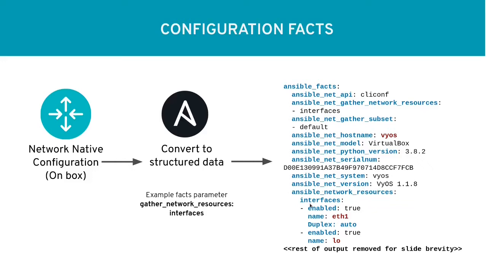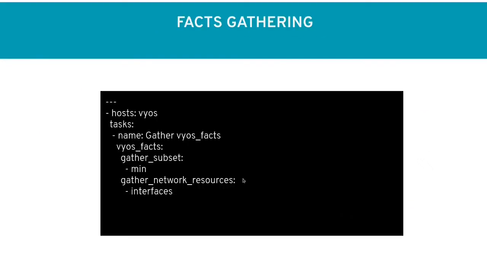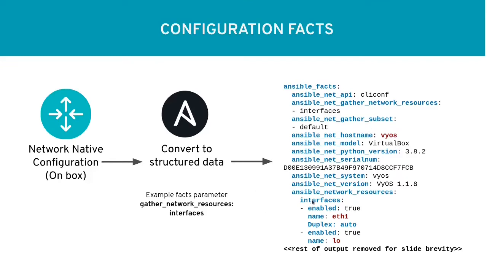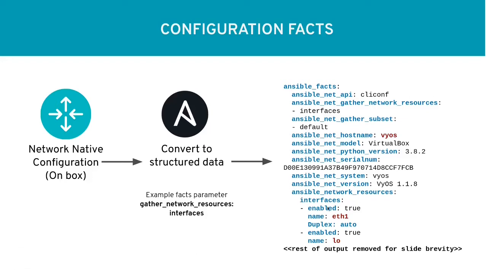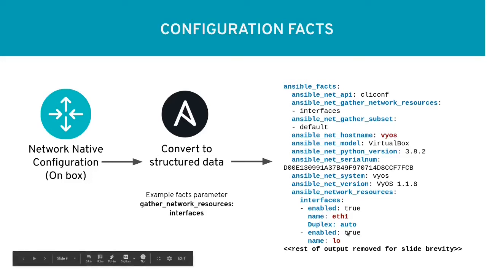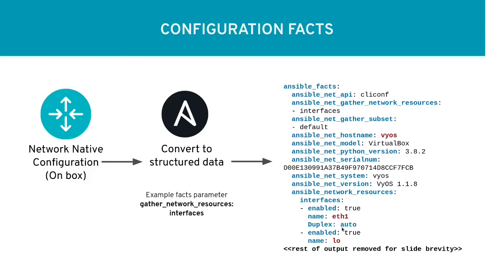Sorry, let me go back. These are the facts which are specific to a resource module, and that resource module is interfaces here. You could see the attributes for this particular resource module. There is enabled, name of the interface, duplex value, and there could be a description, for example. So let's move on to the next slide.